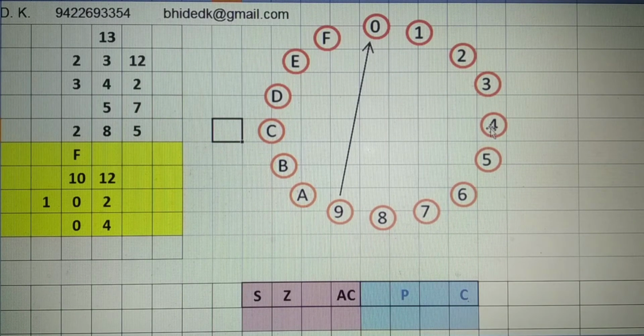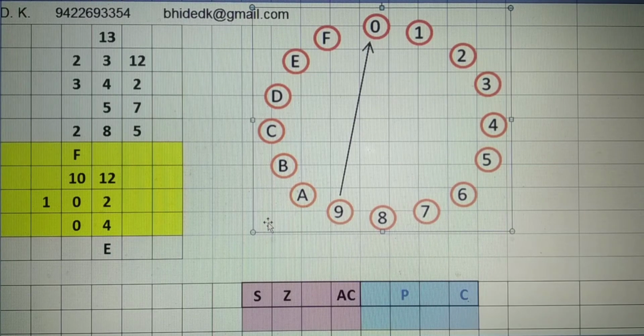Just go through the screen which is appearing here: 1, 2, 3, 4, 5, 6, 7, 8, 9, A, B, C, D, E. You will get the number as E.